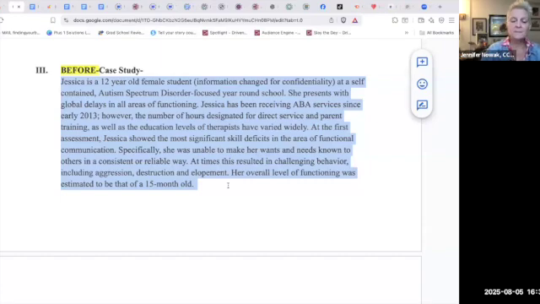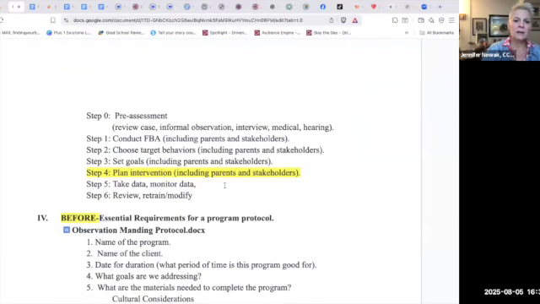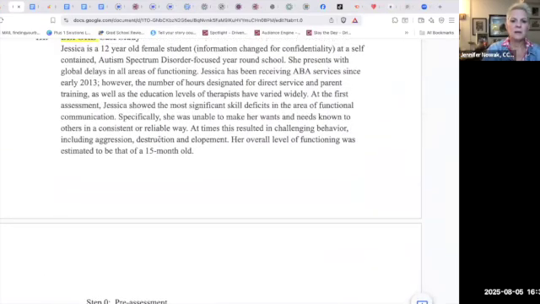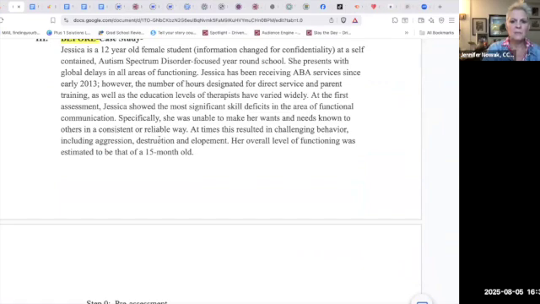So this is Jessica. Again, just quickly to go through the process, we did the pre-assessment with the family, we did the FBA, and we determined these functions, access, and... I don't see it. I thought it said access somewhere, access to tangibles.